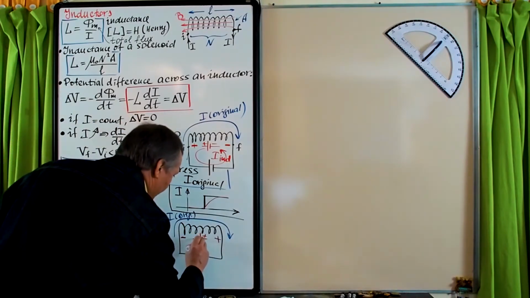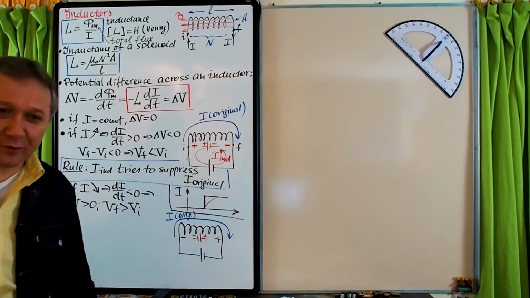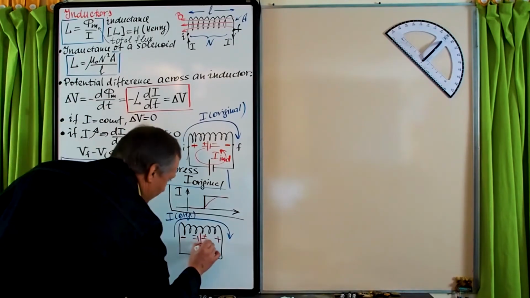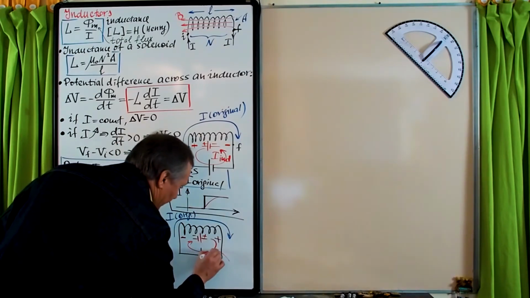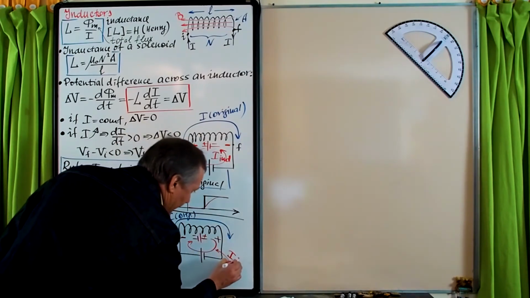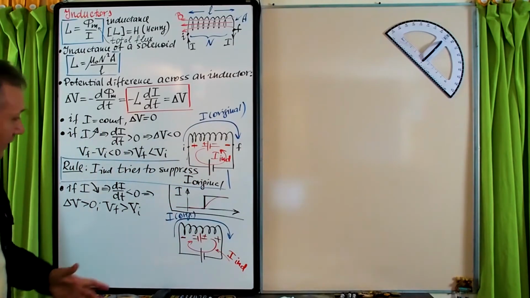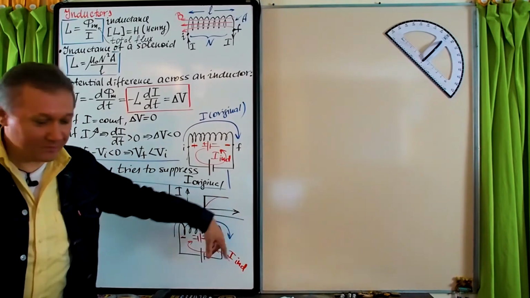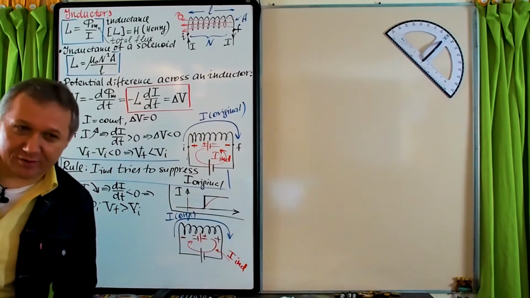So now here plus, here minus, and of course when you draw it like this, you don't have an option of driving induced current in the wrong direction. So now this will be the induced current, I induced. Okay, so now original current clockwise, induced current also clockwise, in the same direction.